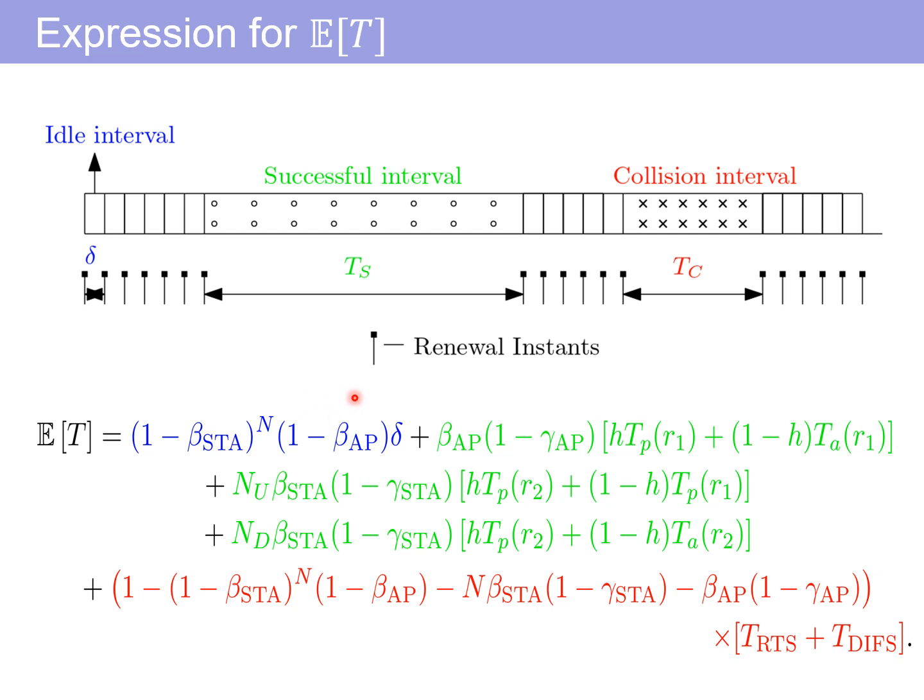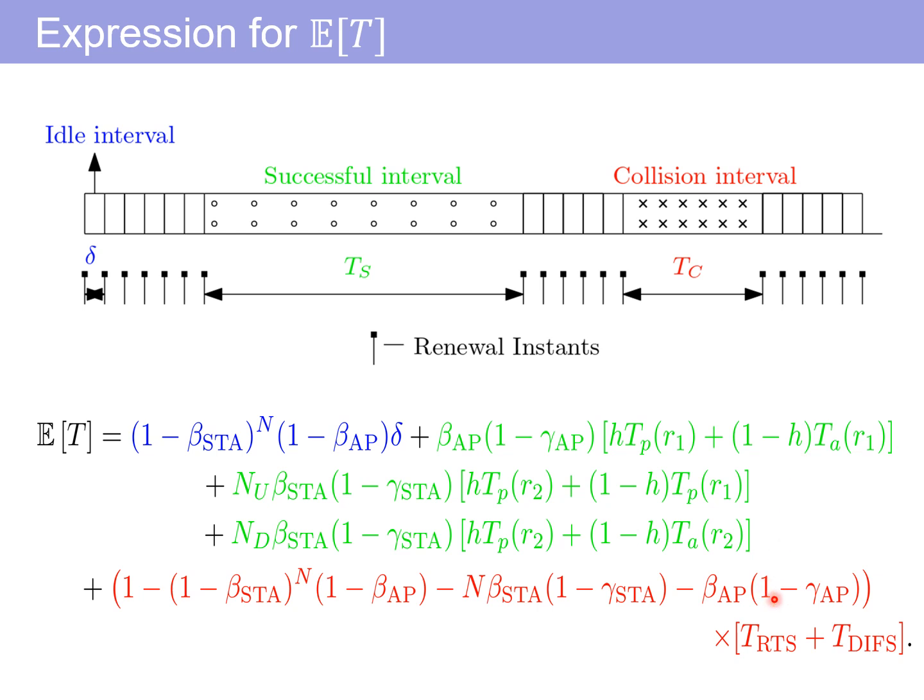A successful event occurs when either the AP or one of the STAs successfully transmit a packet. The probability of the AP successfully transmitting a packet, as mentioned before, is beta AP times 1 minus gamma AP, and the probability of one of the stations successfully transmitting a packet is beta STA times 1 minus gamma STA. Depending on the nodes involved in the uplink and the downlink, the renewal duration during a successful interval can vary because of the asymmetric uplink and downlink packet durations and the asymmetric payloads of the TCP data and TCP ACK packets.